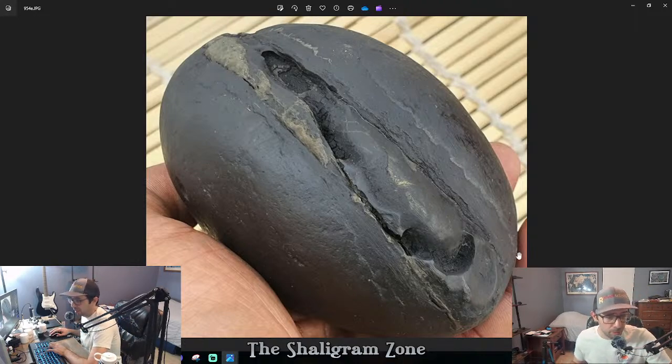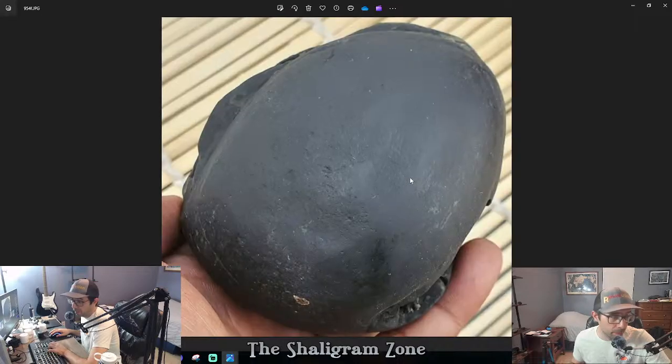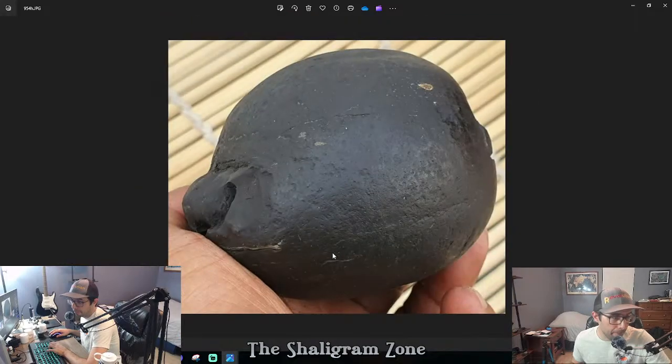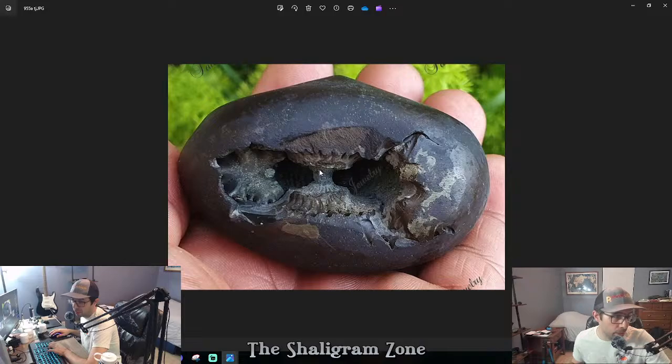Seems like maybe another current was going around the other way above, and it was going this way here above it, and it went between resistance here and went this way. It went across and then up that way, kind of divided away from the surface, the boundary. Very cool Shaligram.